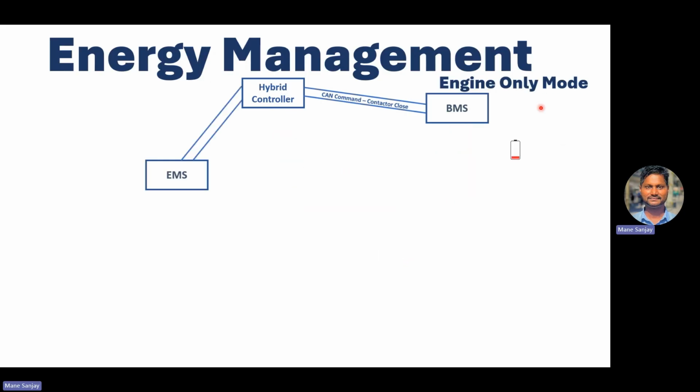That means here we operated our vehicle in the electric mode only. Now going to the next mode, that is the engine only mode. As I said earlier, it continuously communicates to the EMS as well as to the BMS. Now BMS has communicated that I don't have a good amount of energy, the battery is discharged, I need charging, I cannot provide any energy.